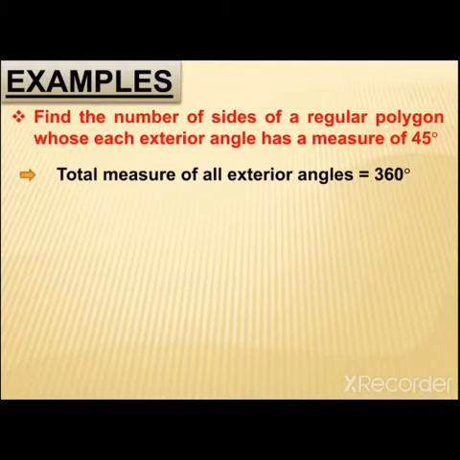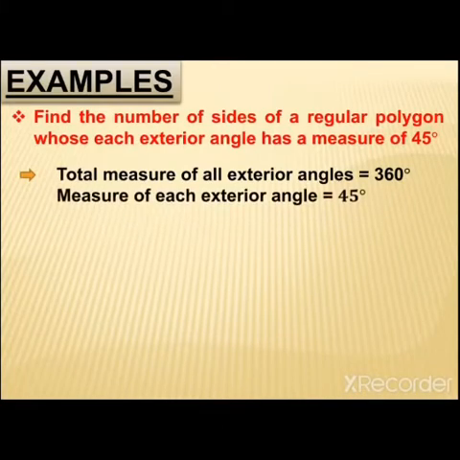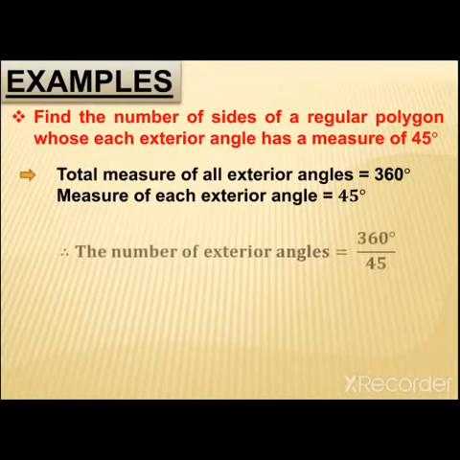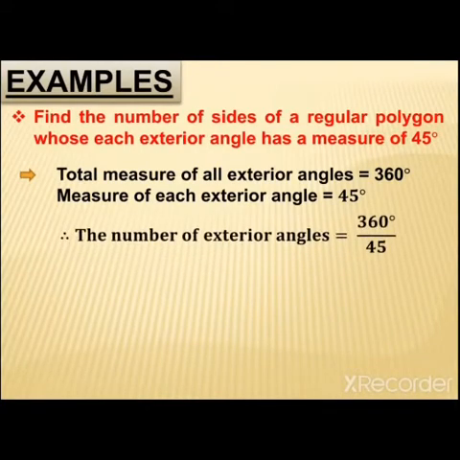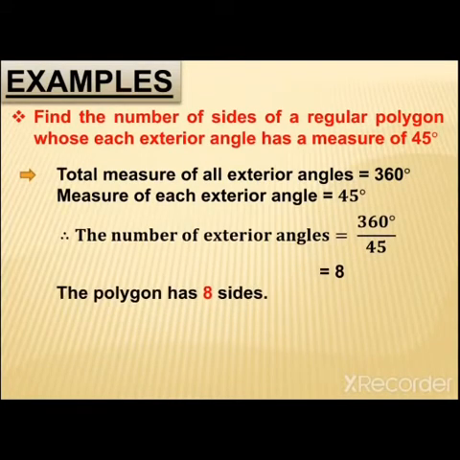We know that the sum of all exterior angles of a regular polygon is 360 degrees. Measure of each exterior angle equals 45 degrees, given. So the number of exterior angles equals 360 degrees divided by 45 degrees. So our answer is 8. The polygon has 8 sides.